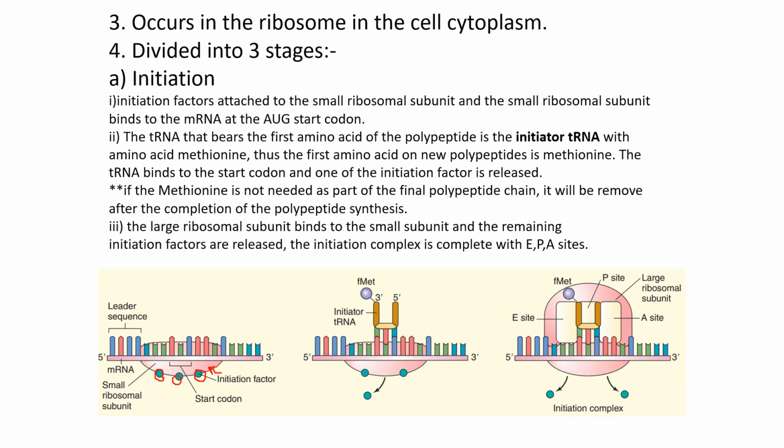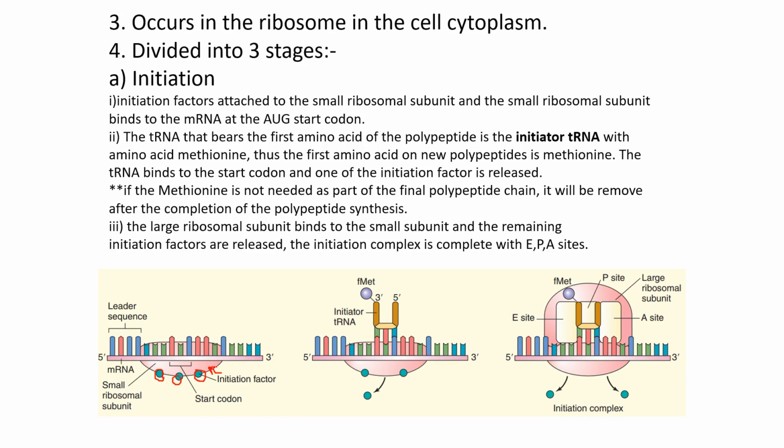The small ribosomal subunit binds to the mRNA at the AUG start codon. Can you see the sequence here? Initiation factors attach to the small ribosomal subunit, and then the small ribosomal subunit will bind to the mRNA at the AUG start codon. Next, the tRNA that bears the first amino acid of any polypeptide is the initiator tRNA.